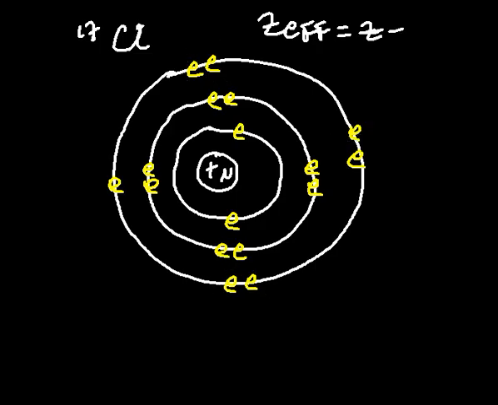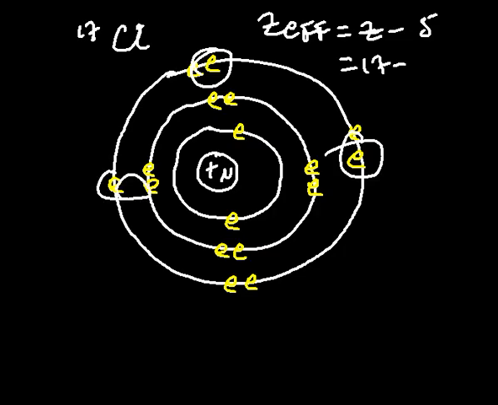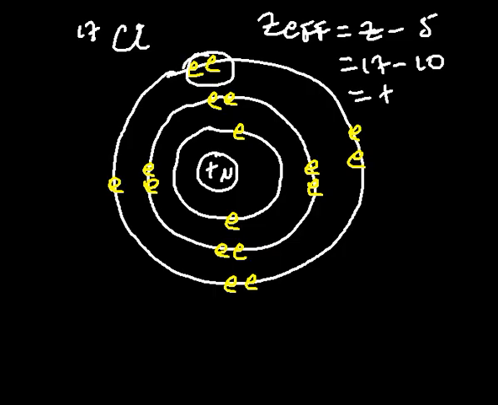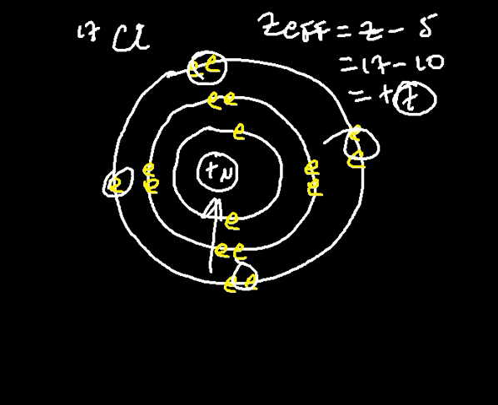That is given as S. The proton number is 17, and how many electrons are shielding the outermost shell electrons? We have 10 electrons. So the effective nuclear charge of the outermost shell electrons of chlorine will be +7. This corresponds to the amount of positive charge available to attract outermost shell electrons towards the center of the nucleus. So that's how you should understand that.